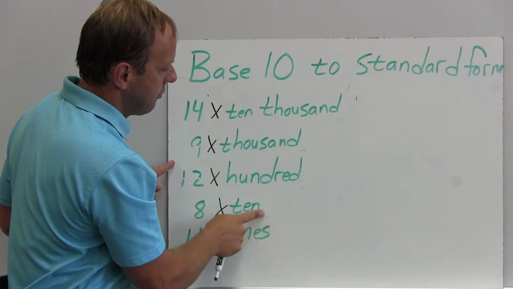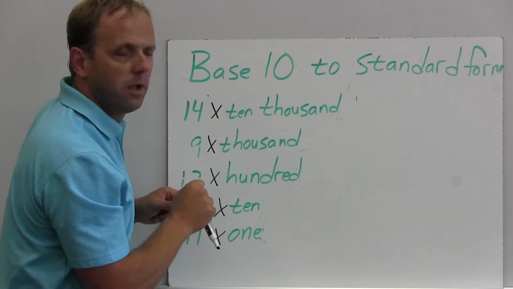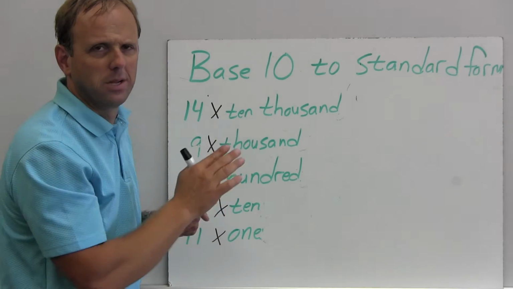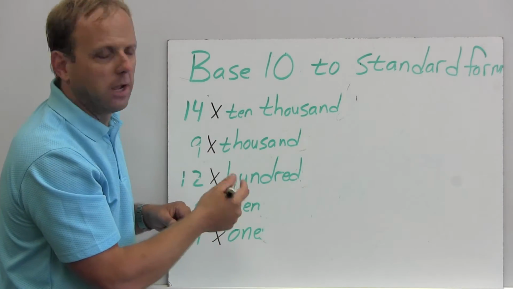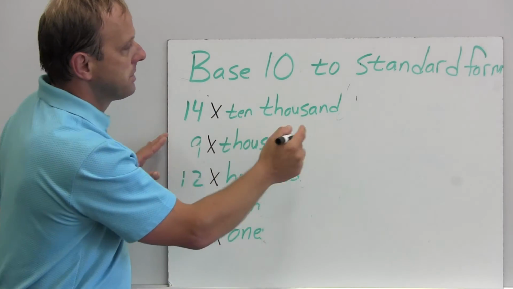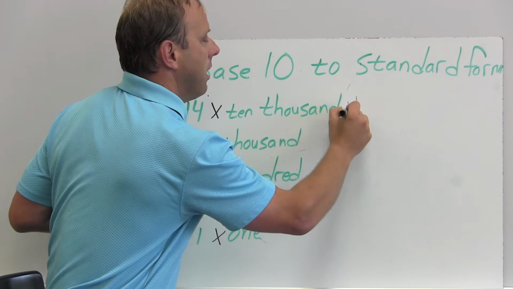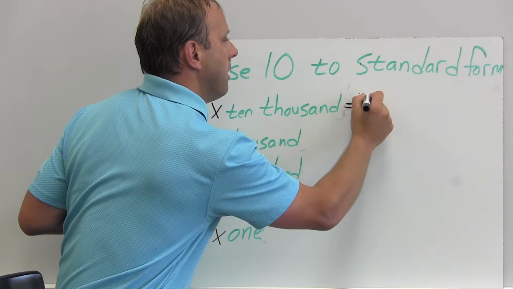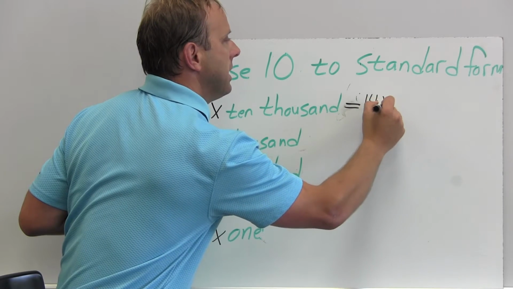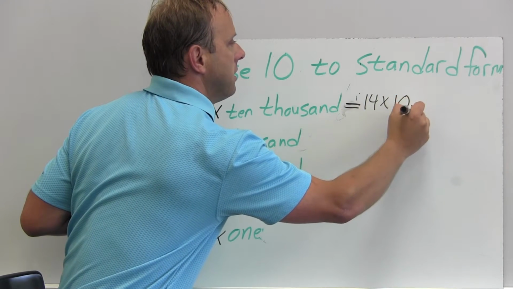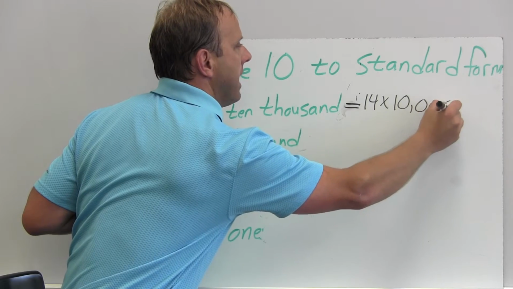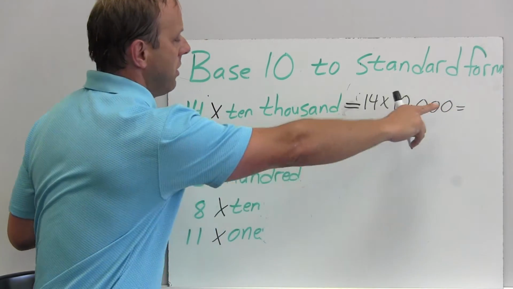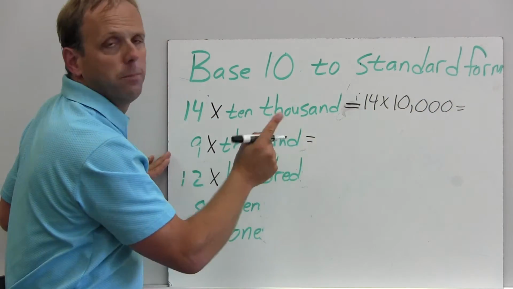Obviously, if you're not on a dry erase board, it doesn't matter too much because you don't need to worry about it, okay? But 14 times 10,000 equals 14 times 10,000. Now, I won't go any further than that today, but we'll learn how to do it.